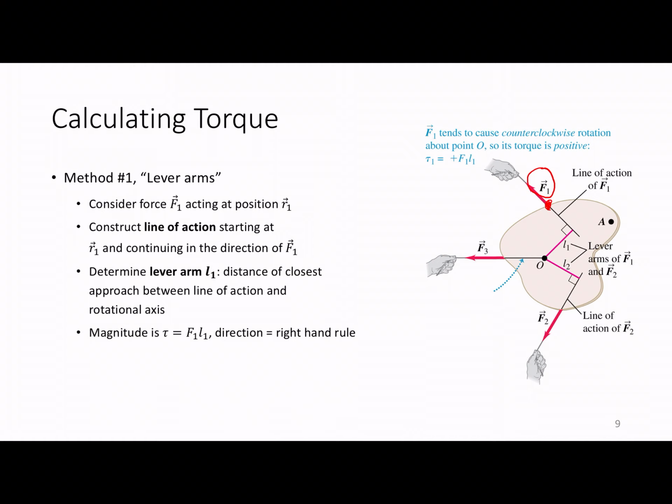So the line of action of F1 is simply defined by just continuing that string through the object. The line of action of F1, you just continue that straight line through the object. Then you look along that line and you see where is it closest to the axis of rotation, which in this case is labeled O. So O here is the axis of rotation.